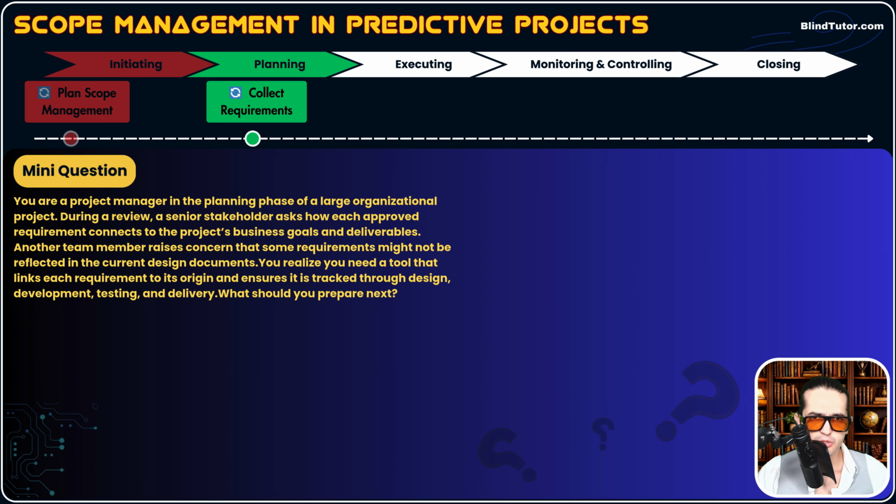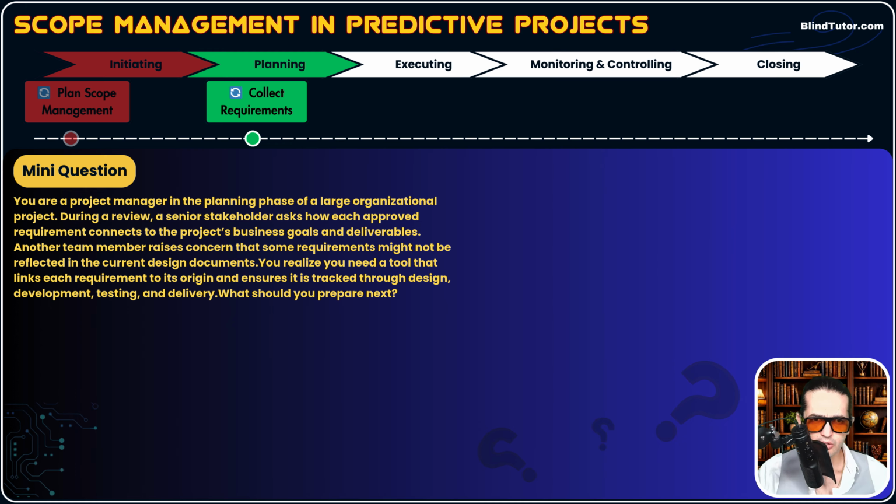Another team member raises concern that some requirements might not be reflected in the current design documents. You realize you need a tool that links each requirement to its origin and ensures it is tracked through design, development, testing, and delivery. What should you prepare next?